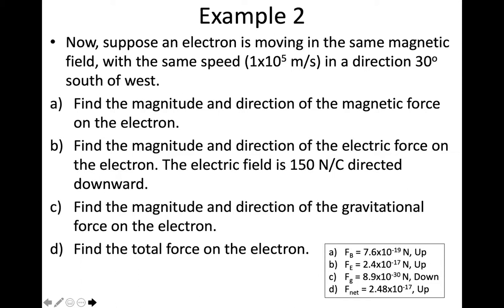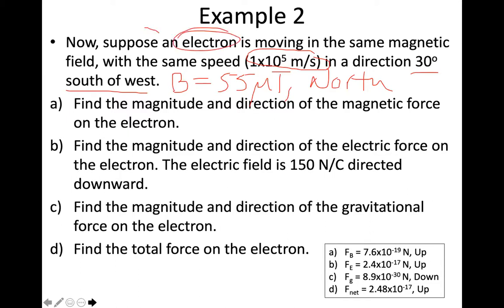We have a magnetic field that is 55 microteslas north, same magnetic field, moving with the same speed. But now we've got directionality things to deal with. The velocity is going to be 30 degrees south of west, and it's an electron.